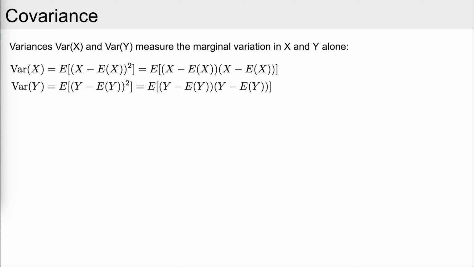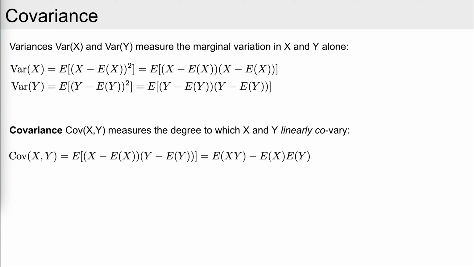Now, the covariance of x and y measures the degree to which x and y linearly covary. This covariance is calculated by the expected value of the product x minus E(x), just as we saw in our variance of x, but then we multiply it by y minus E(y).